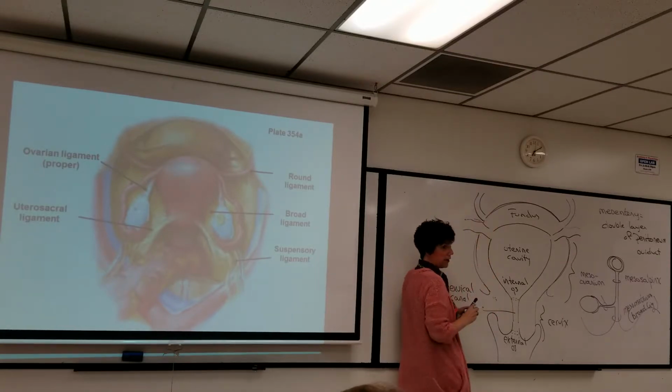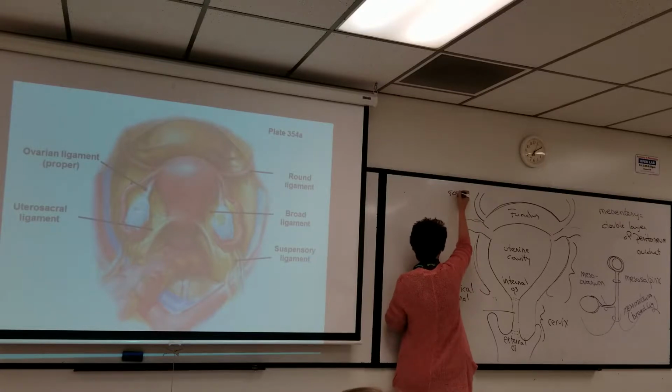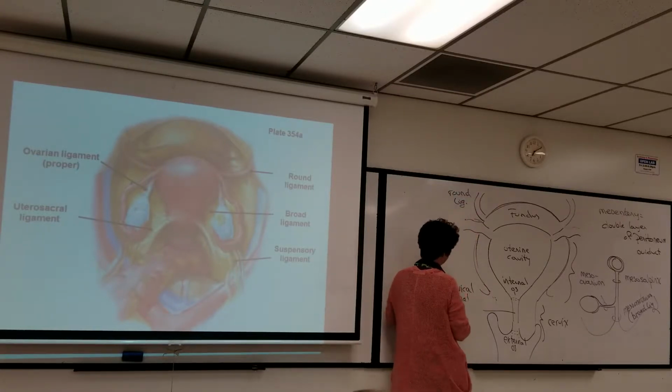Most anterior is the round ligament, because it keeps the uterus tilted forward. All right. Then we have the oviduct.